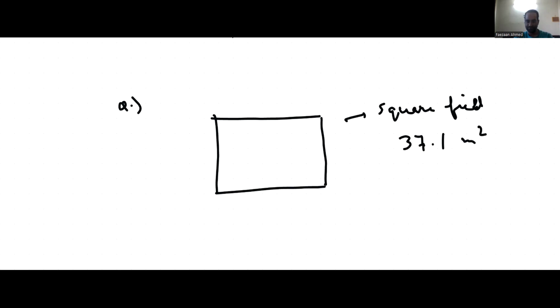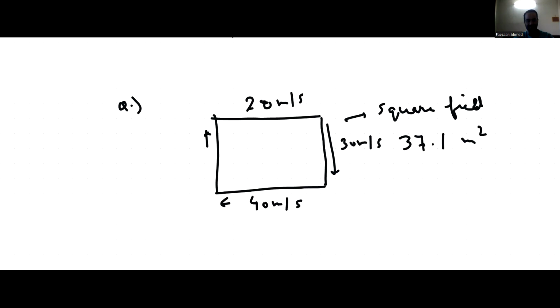What you have to do is find out, if a person starts his journey, and let's say for each of the individual lengths, for this length, the speed is 20 meter per second. For this part, the speed is 30 meter per second. For this part, it's 40 meter per second. And for this part, it's 60 meter per second.